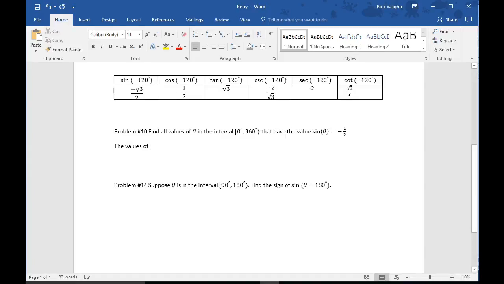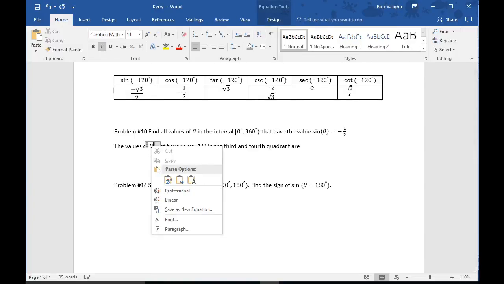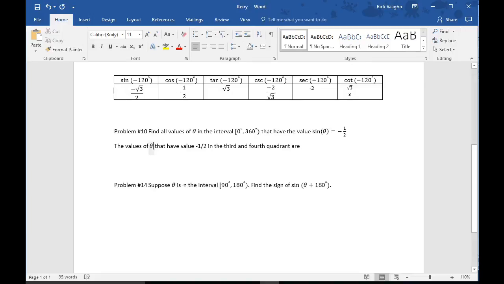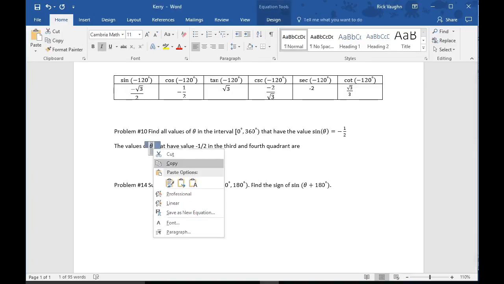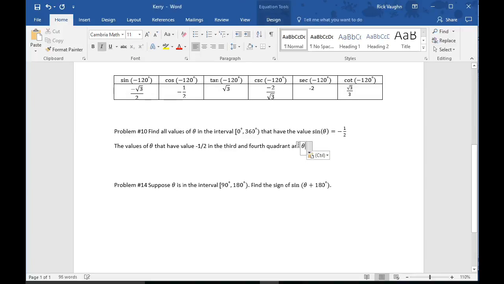The values of theta in the third and fourth quadrant are theta equals 210 degrees.